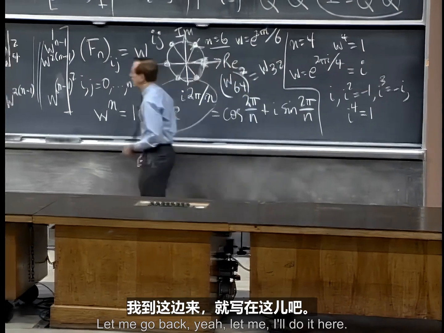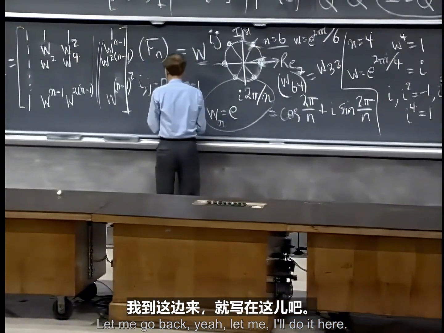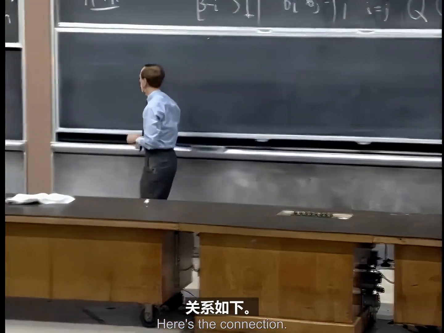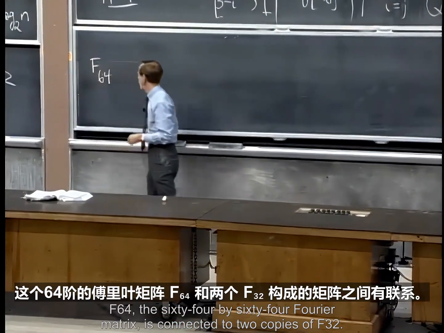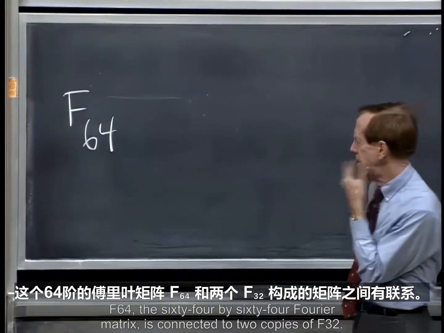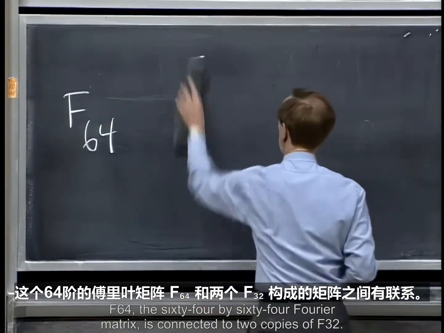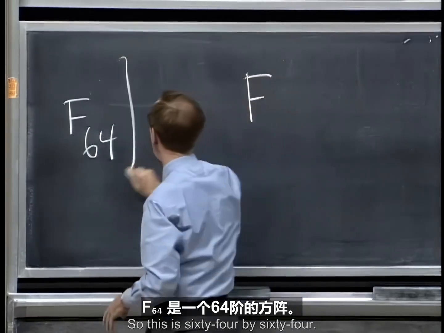Okay. Let me go back. I'll do it here. Here's the connection. F64, the 64 by 64 Fourier matrix, is connected to 2 copies of F32. Let me leave a little space for the connection. So this is 64 by 64.